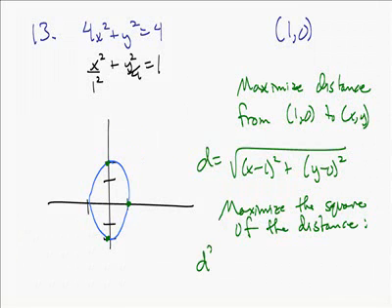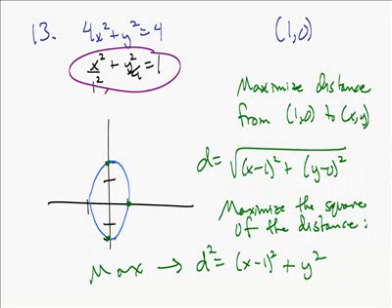So we're going to take d squared, which is just going to be (x minus 1) squared plus y squared. This is the function that you want to maximize. Now again, you have a constraint that you can only use points that are on this ellipse. So I'm going to leave this to you guys: solve this for y.